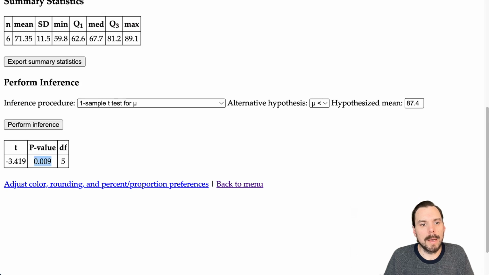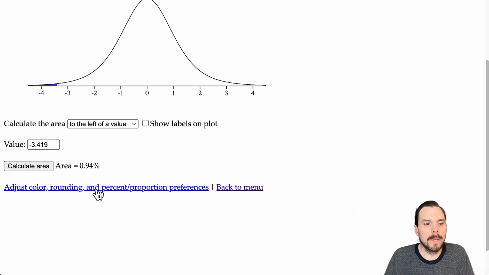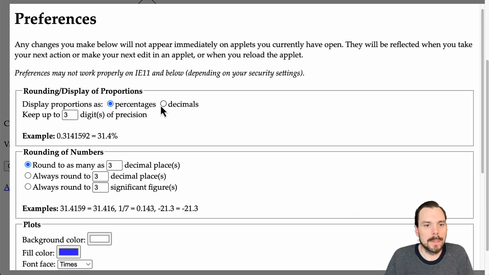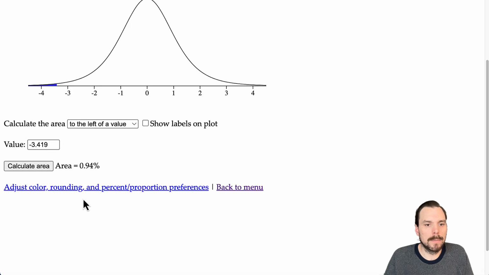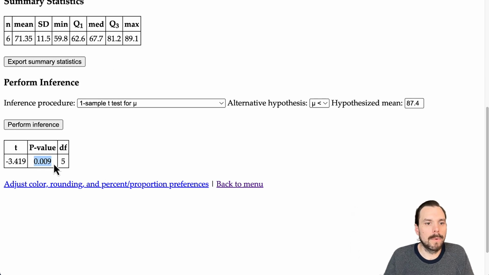Now it doesn't quite match because of some rounding. So why don't I adjust the preferences and make that a decimal with 6 digits of precision. Looks like we probably maxed out at 4 there, but it is nice that we get a little bit more precise area, 0.0094, when this one rounds to 3 decimal places.